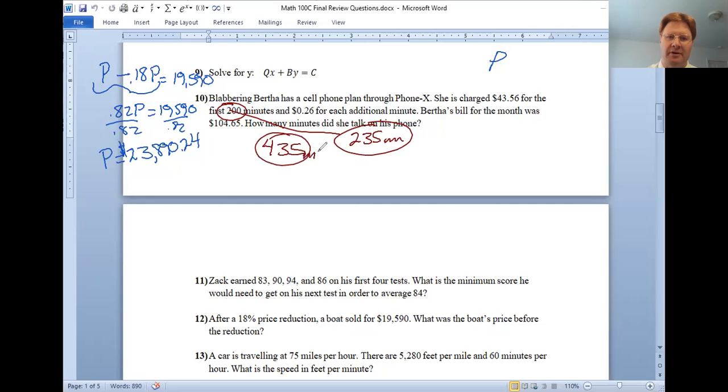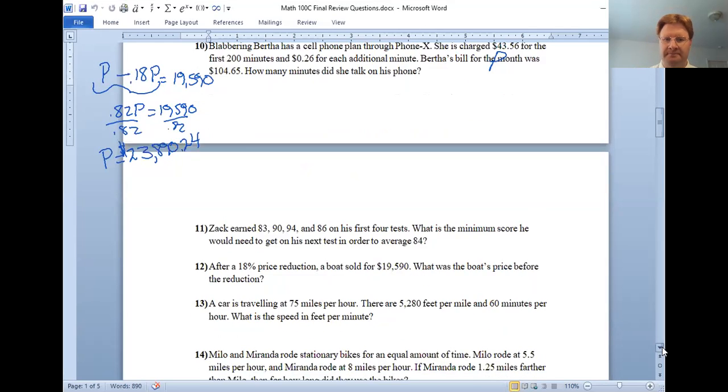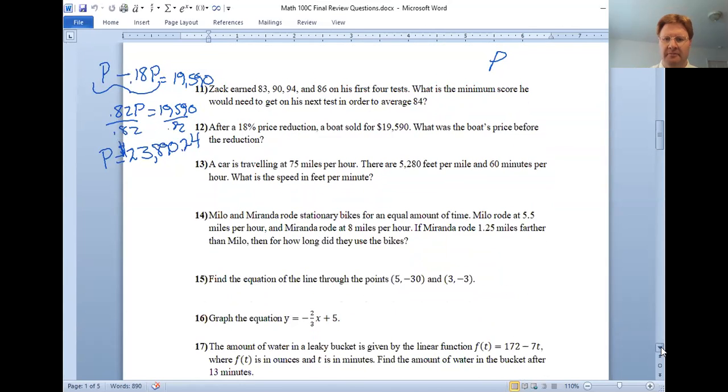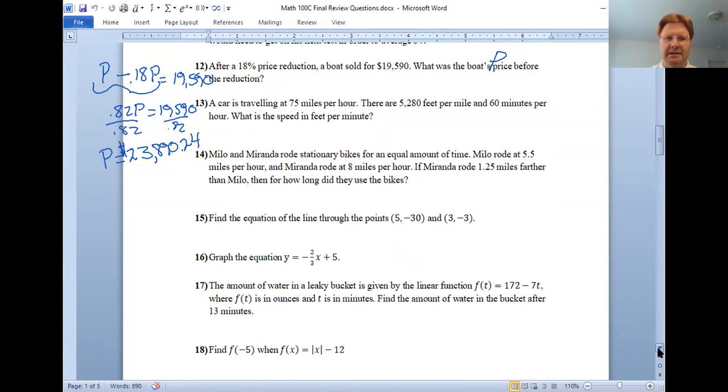Oh my word. That's how long she talked. Her first 200 didn't cost her 26 cents per minute. All righty, good. Now that we fixed that, we can keep moving on. We'll zip that back up there. Boat's minimum price, oh, you're about right there.